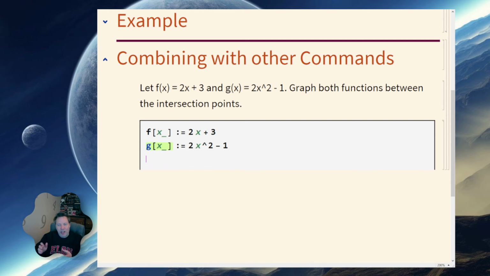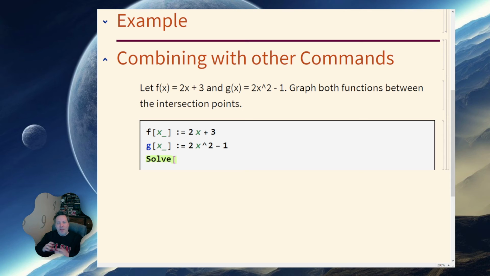Instead of a shift enter, I'm going to just do an enter. Now, if I want to graph these, I'm going to need the plot command. But in order to use the plot command, I need to know the plotting domain. And that's where these intersection points come in. This is where the solve command comes in. So I'm going to try to solve this.